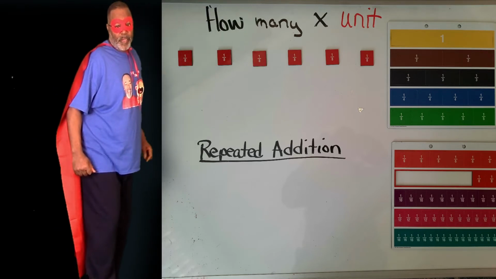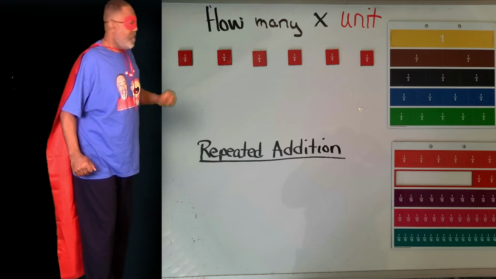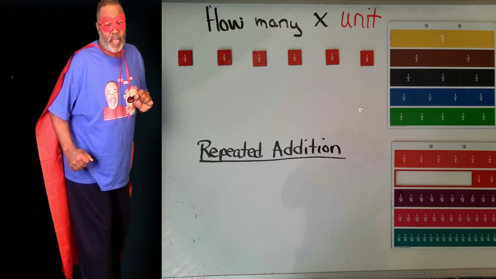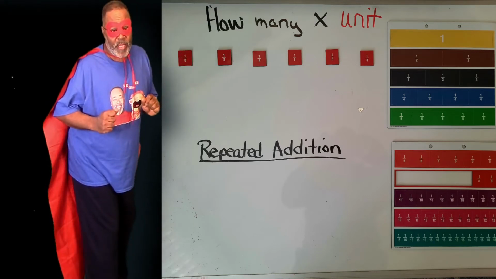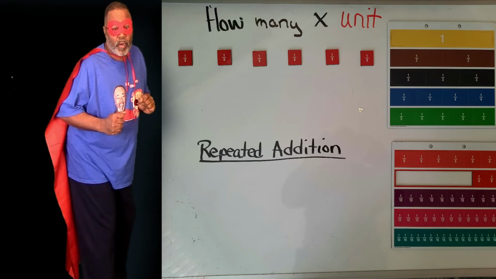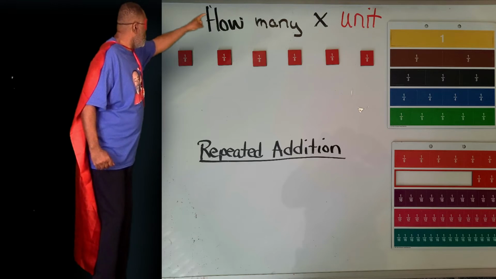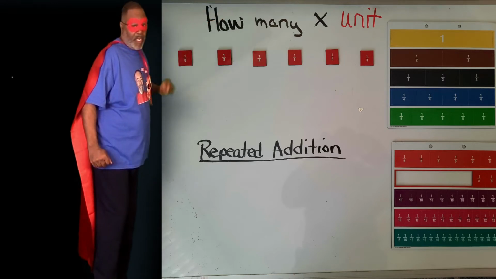Let's look at our next example to add and multiply. In this example, the unit is what? 1/8, because each one of those is 1/8. Now the question is, how many of those 1/8 do I have? Well, let's count them. 1, 2, 3, 4, 5, 6.